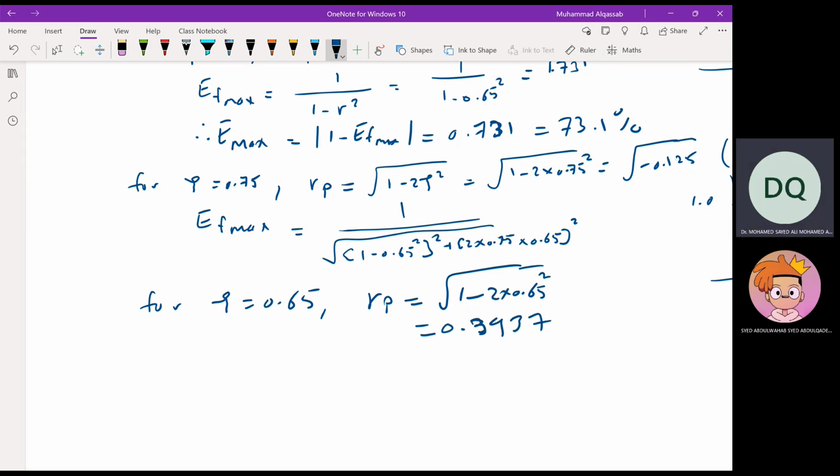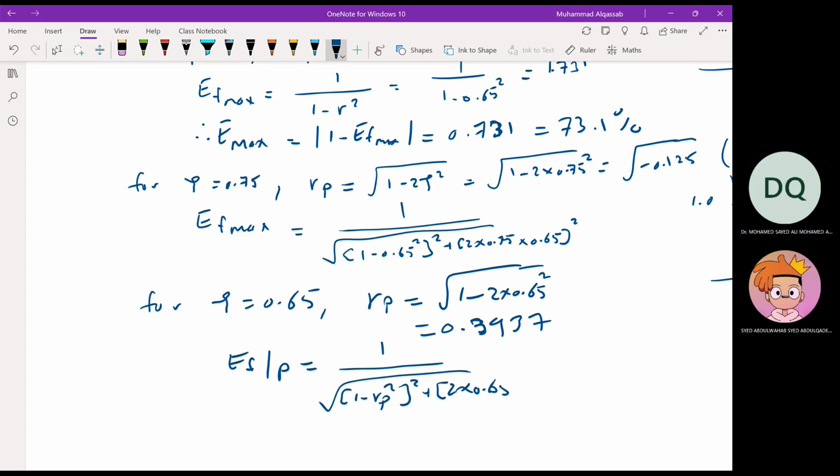So there are two things to check here. We check the error factor at the peak, where R equals R peak: it is 1 over the square root of (1 minus R peak squared) all squared, plus 2 times 0.65 times R peak squared. This is one thing.